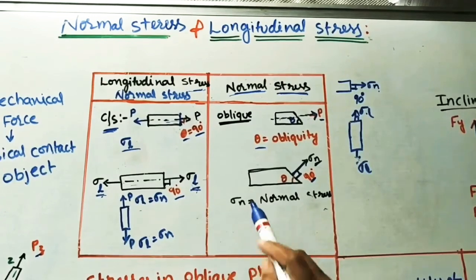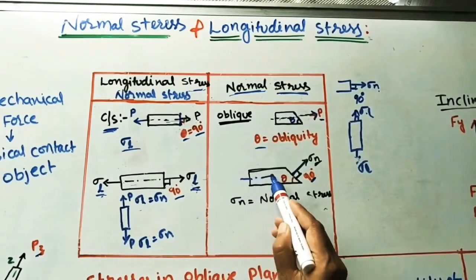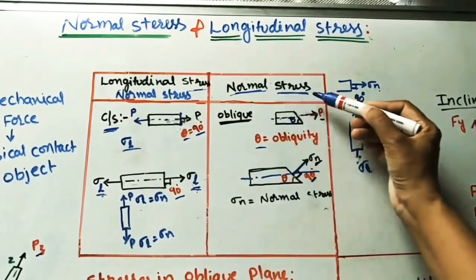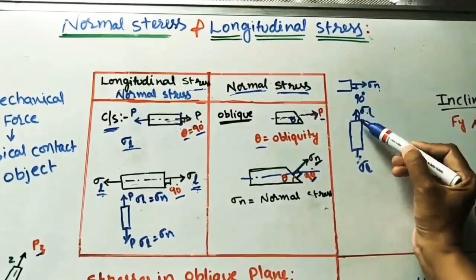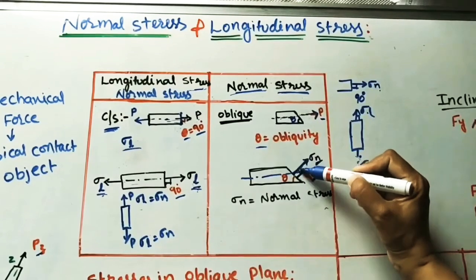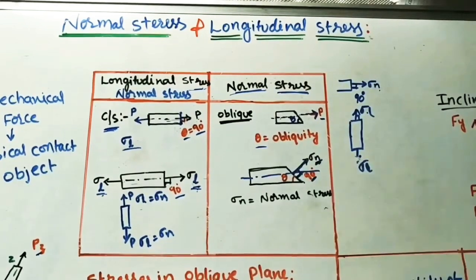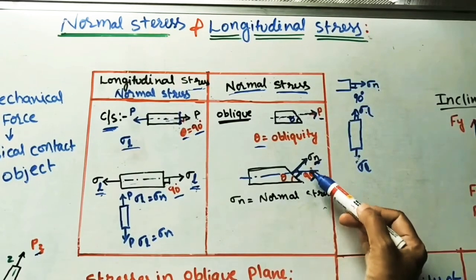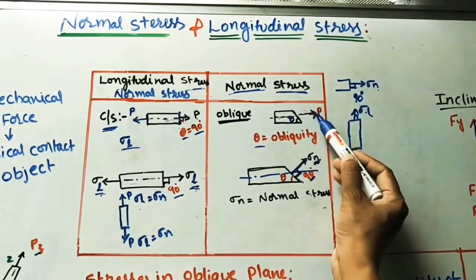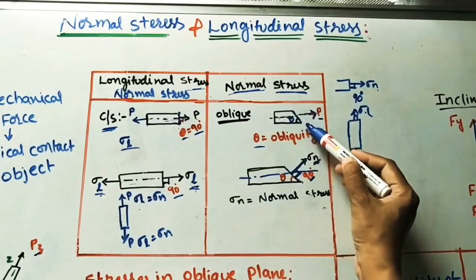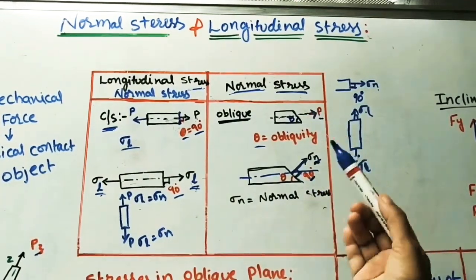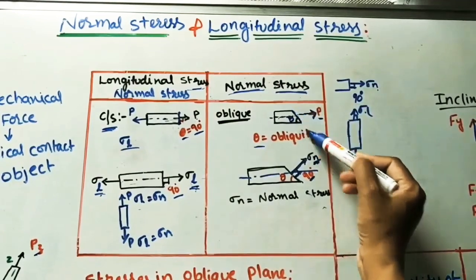But normal stress is perpendicular to whatever surface is there. Now how do we find the stresses developed in this case? We apply the force like this and the surface makes some angle. What stresses will develop on this surface?